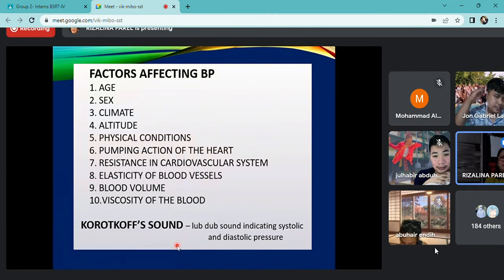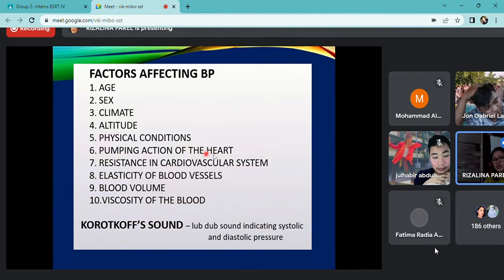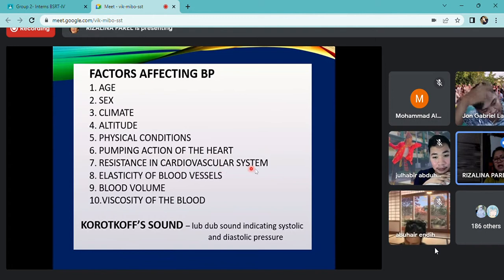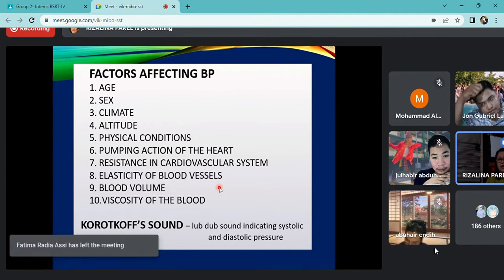So again, for the factors affecting BP, same lang halos, but with ito yung nadagdag, yung physical condition ng individual, the pumping action of the heart, resistance in cardiovascular system, elasticity of blood vessels, lalo na kung bata pa o matanda na, okay?